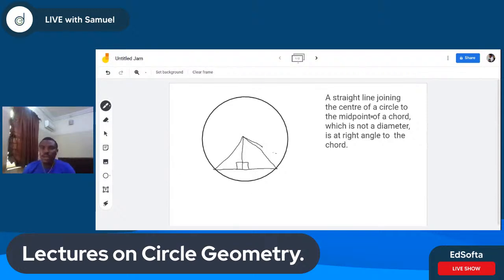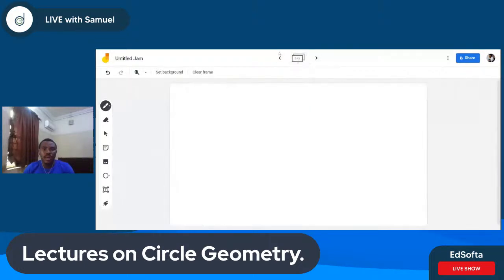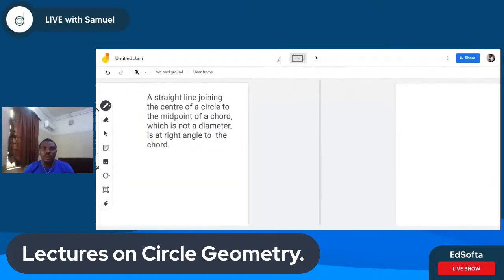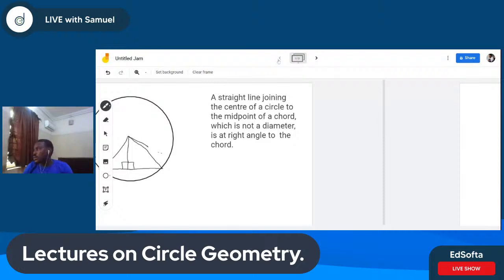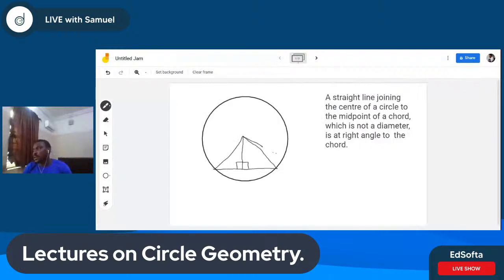So that's why they're saying a straight line joining the center of a circle to the midpoint of a chord, which is not the diameter, is at right angle to the chord. So that's just one of the theorems. So let's look at another theorem.